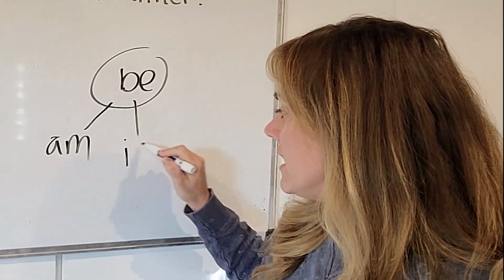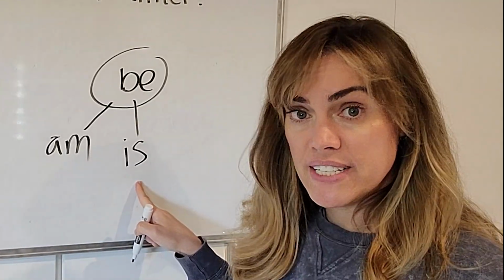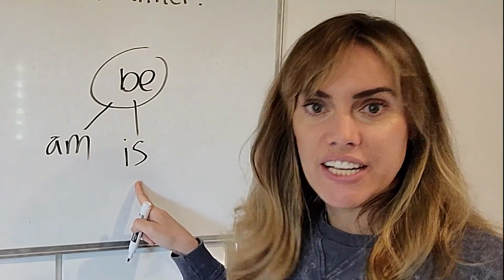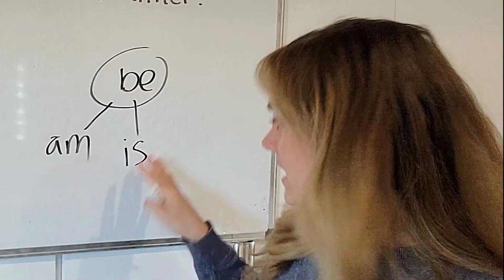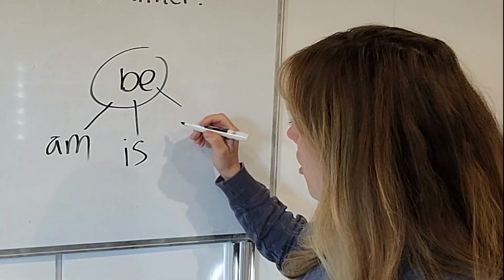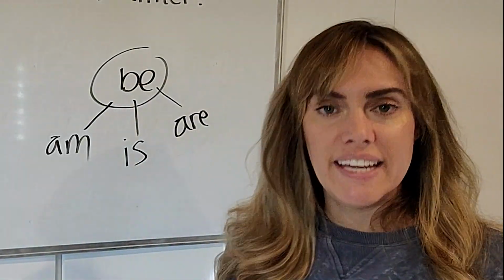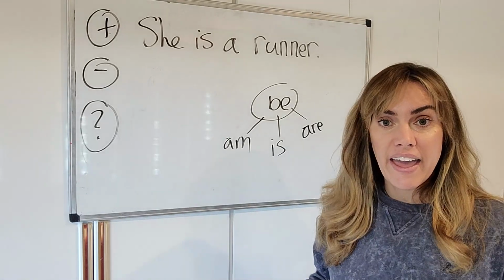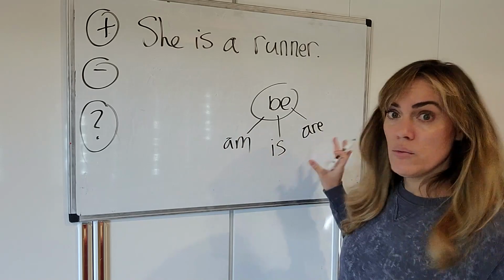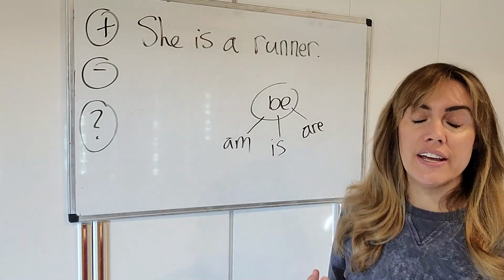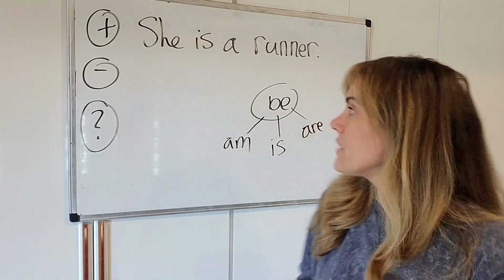You can have is, that's for third person singular, like she, he, it, a person's name, the window, a marker, is, right? And then are is for we, they, you, okay?